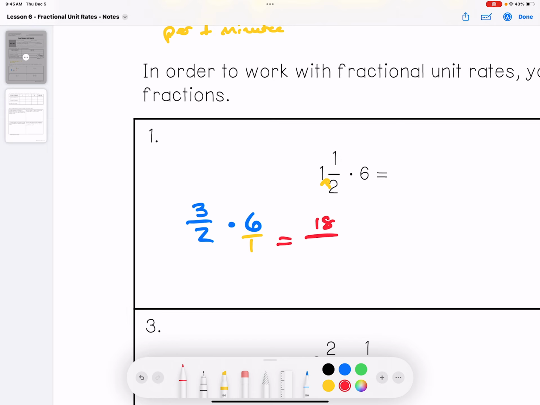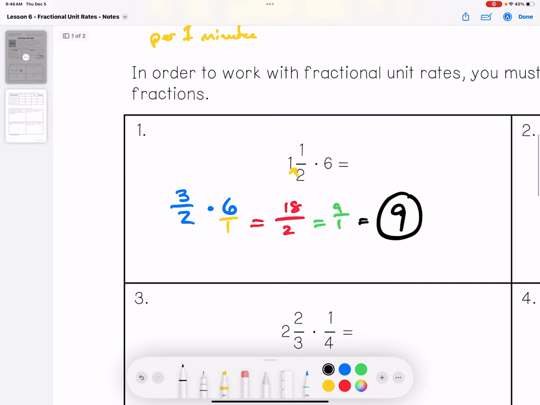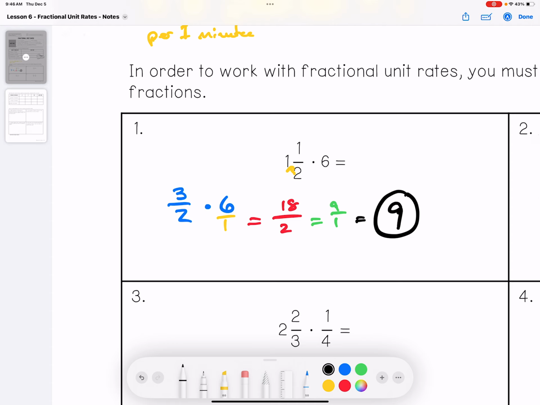You get 18/2. That simplifies into 9/1, which just is 9. Your calculator should have spit 9 back at you. Go ahead and do 2 through 4 in your calculator. Pausing now.